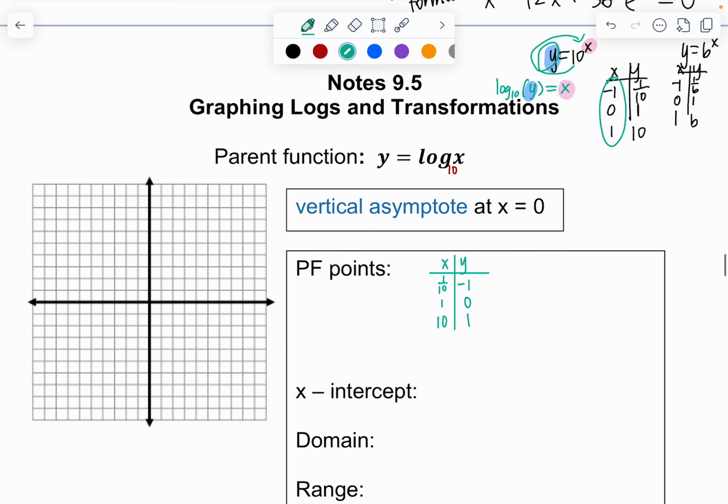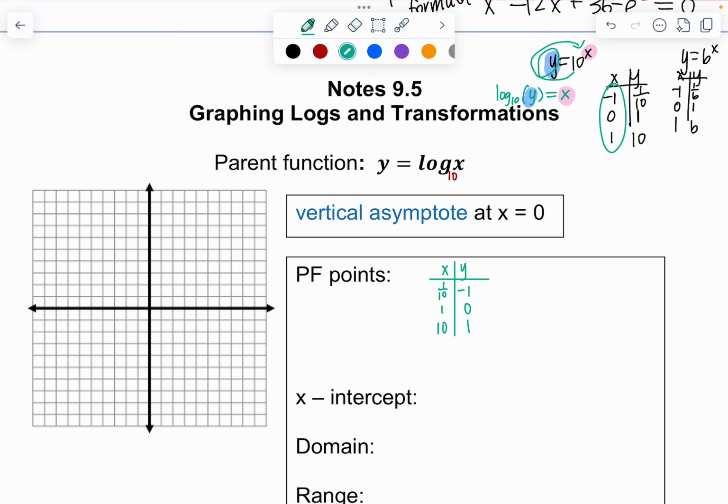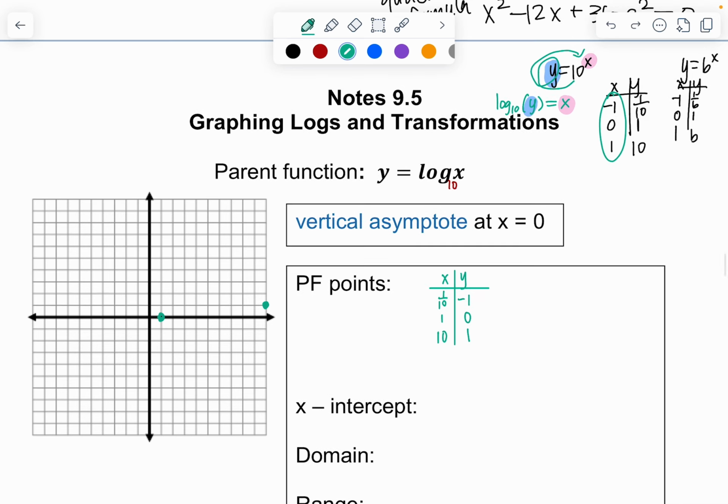And so if we were to put this on the graph, we would have 1, 0, and then we would have the point 10, 1, and then the point 1/10, which is really close to the y-axis, and -1.